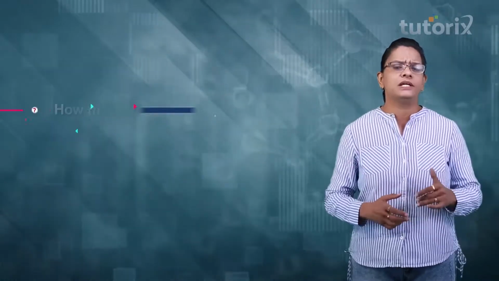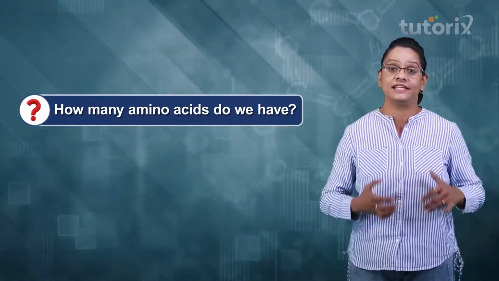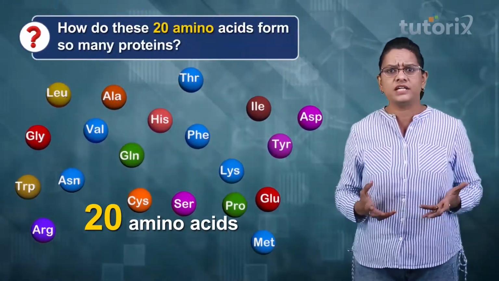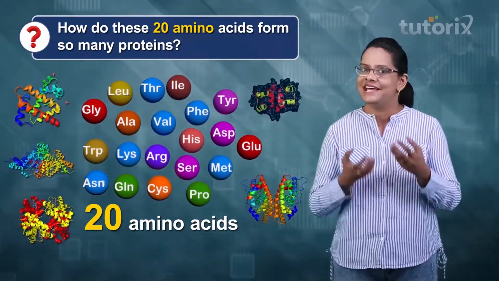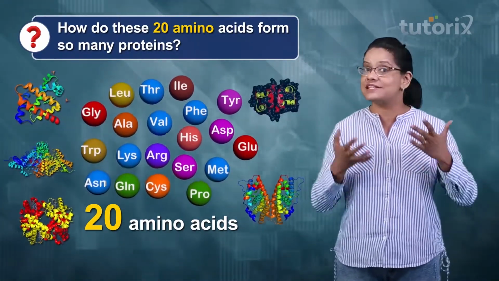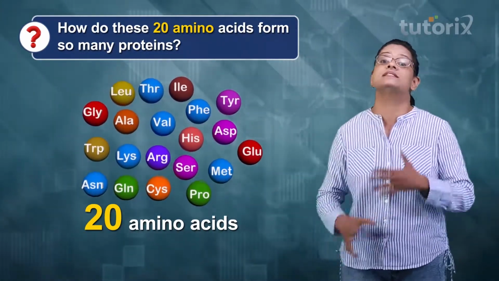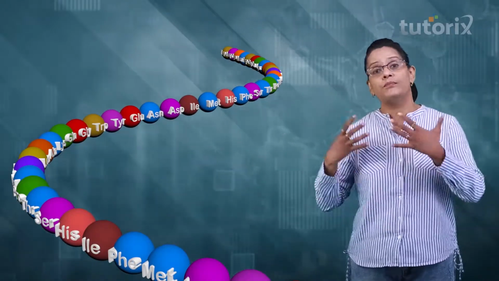Now can you tell me how many amino acids we have? Yes, exactly. There are just 20 amino acids. Then how do these 20 amino acids form so many proteins? That is why I said that proteins are diverse. So friends, these 20 amino acids combine together in different combinations to form proteins.